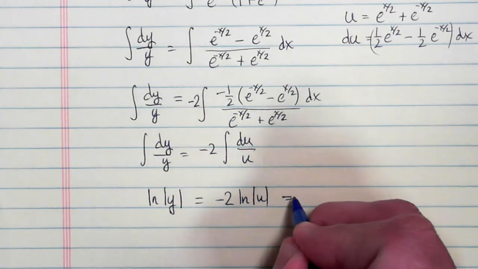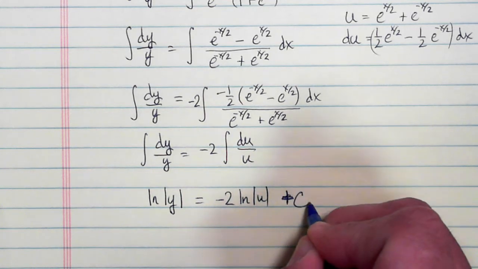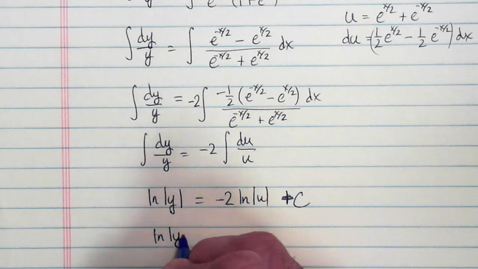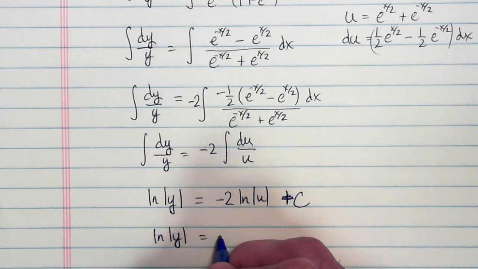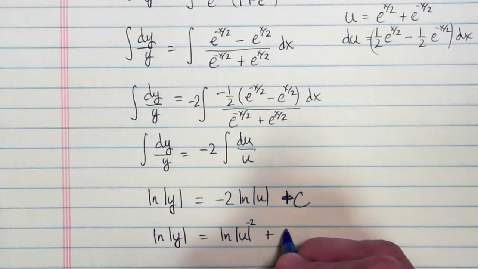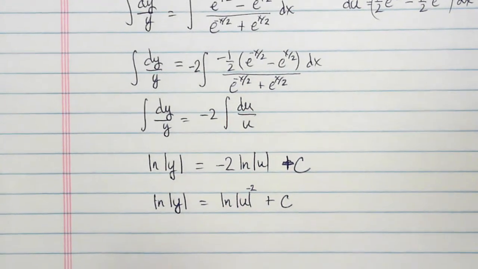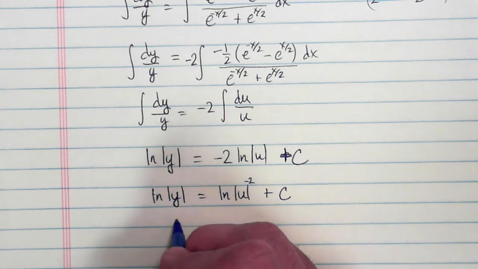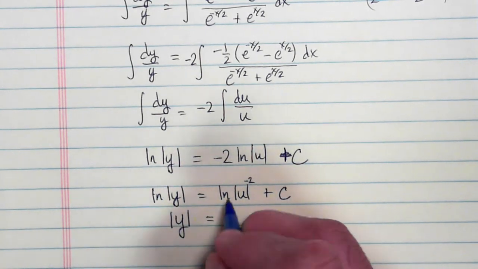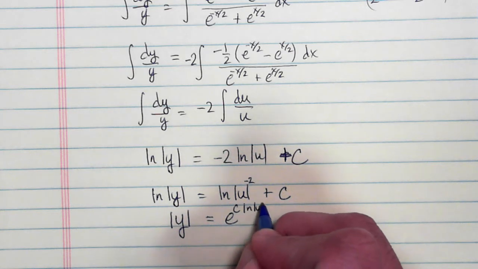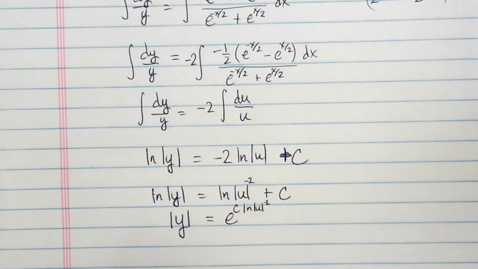Plus c. So that gives us that natural log of absolute value of y is equal to natural log of absolute value of u to the negative 2, plus c. So solving for y, we get that absolute value of y is equal to e to the c times natural log of absolute value of u to the negative 2 power.